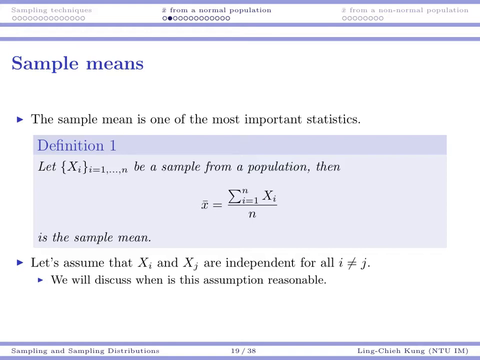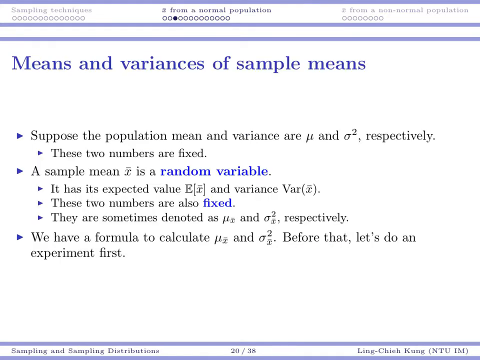For example, if you decide who to ask, then you cannot say whether you ask this guy does not affect whether you ask that guy. So in that case, we don't have this property. We will also discuss when we really have this property and what will happen if we do not have it. But anyway, let's assume we have this property at this moment.